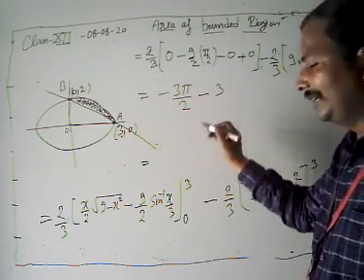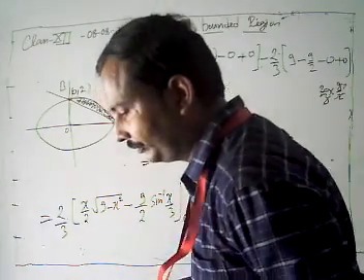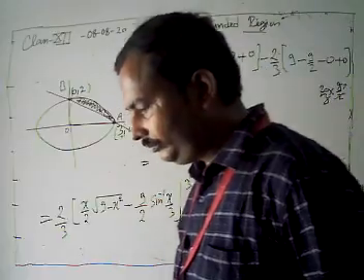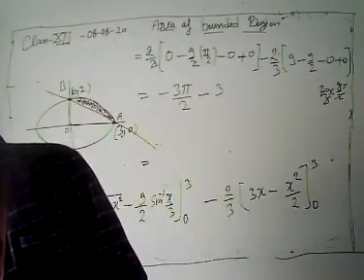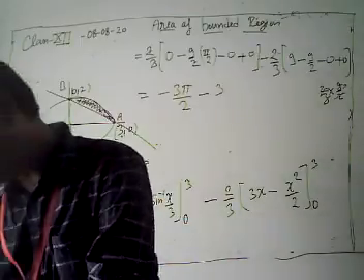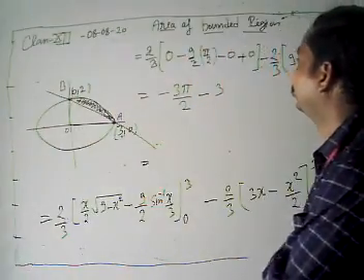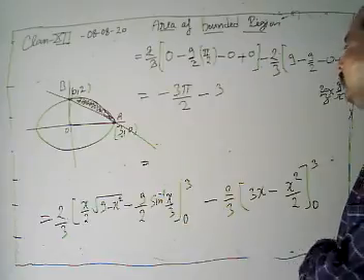We get minus 3 there. Now we get our required result here, minus 2 by 3, then 9 minus 9 by 2. Then we get our required result.